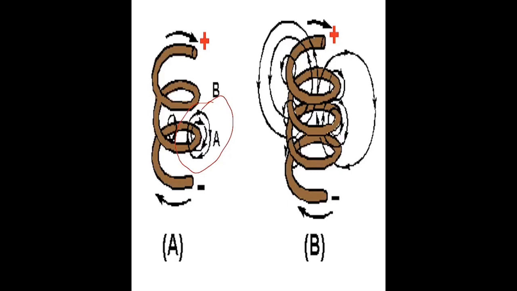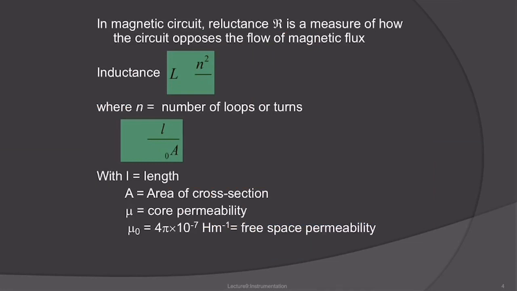This field cutting has the effect of increasing the opposition to a current change, which is what we call reluctance. Reluctance is a measure of how the circuit opposes the flow of magnetic flux.